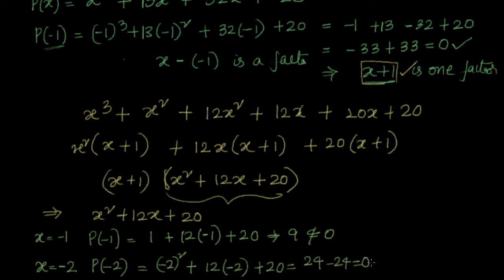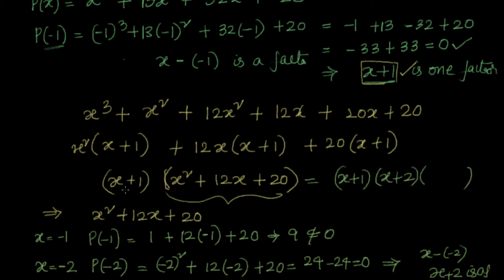So that gives me that x minus of minus 2 is a factor, or x plus 2 is a factor. So I can write this as x plus 1 into x plus 2 into, if you see here, the coefficient of x square is 1, so I will have only x here.